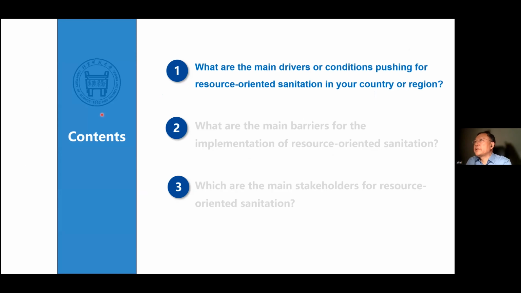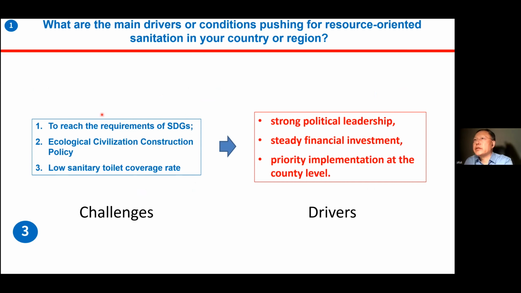So first one, what are the main drivers or conditions pushing for resource-oriented sanitation in China? Generally, we can see it's a challenge because even in China, we still have this challenge to reach the SDG requirements, or SDG goal 6. And also from the central government, they promote these ecological civilization construction policies.